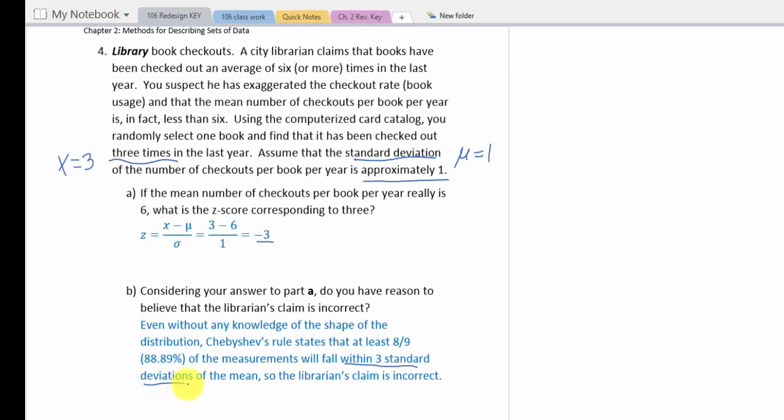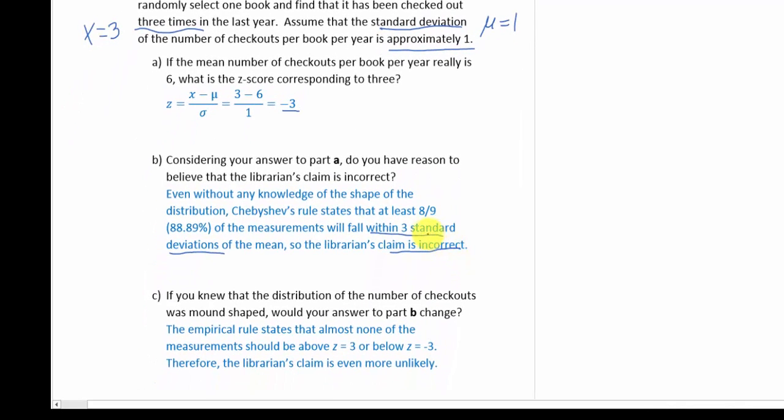So that means 3 standard deviations above the mean or 3 standard deviations below the mean. Our Z-score is negative 3, so that's right on that boundary line. So we might be thinking that the librarian is exaggerating a bit and that the claim is incorrect.